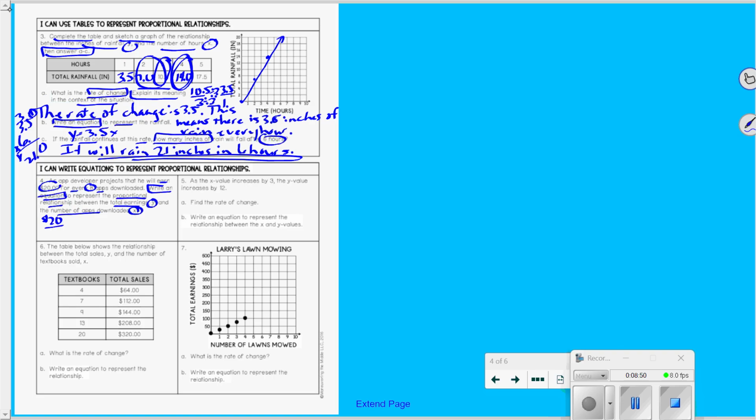My X is my apps, which is the 8 that goes on the bottom. Remember, to get my K value, I want to try to get down to 1. So I'm going to take 20 divided by 8, and that's going to give me $2.5 over 1 app. Once I have my K value, now I can write my equation. Y equals 250x.